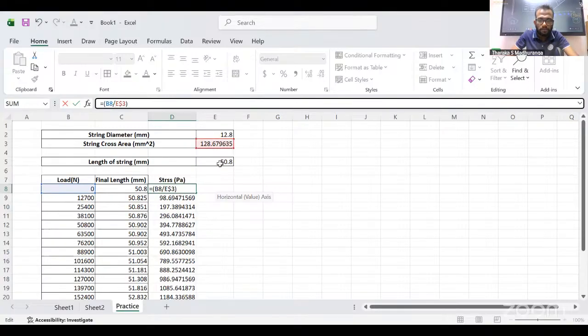Row will be fixed and the column is the same, right? Column same.